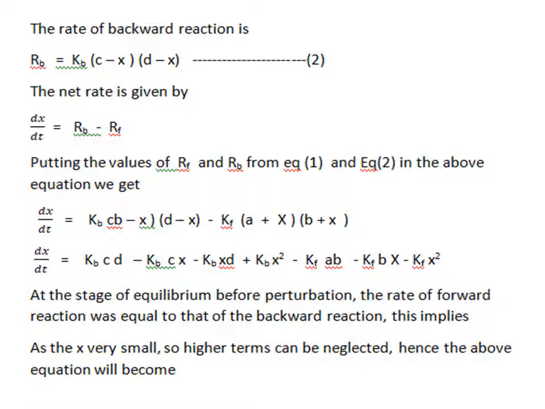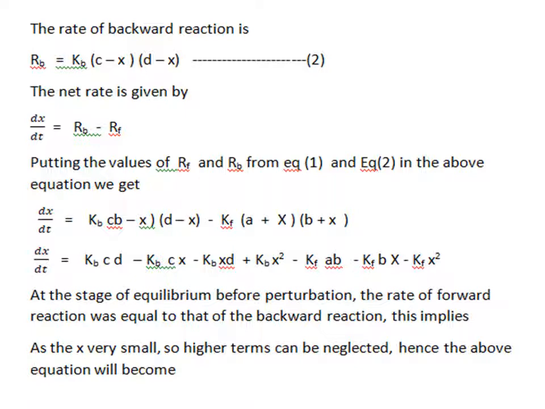Net rate is given by dx over dt, that is the net rate of reaction, that is equal to Rb minus Rf, that is backward rate minus forward rate.